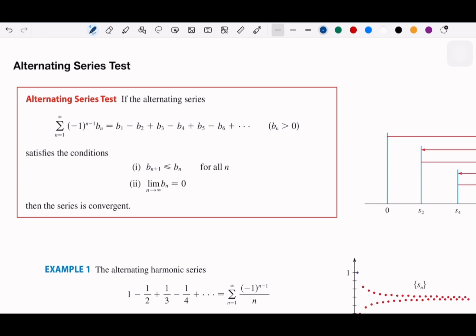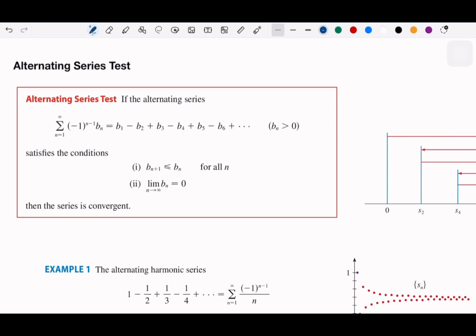Imagine we start with b1, minus b2, then plus b3, which is lower than b2, then minus again, plus again. It is going to take a long time to reach a large number, because every further value is very, very small. So it will end up at one point.